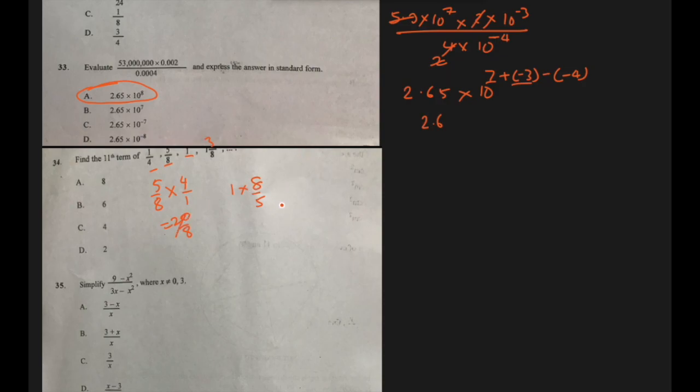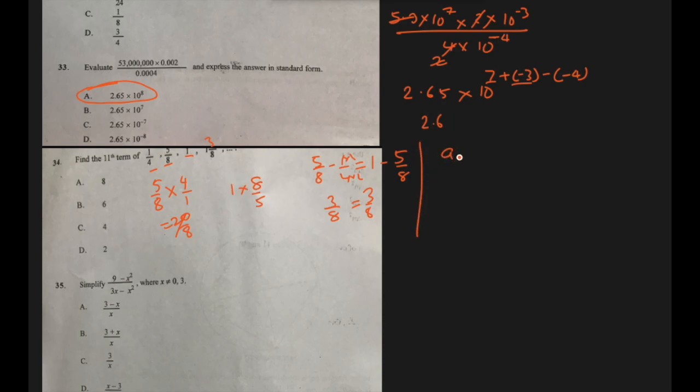Let's see if it is arithmetic. So 5/8 minus 1/4 should be equal to 1 minus 5/8. 5 minus 2 is 3/8, and 8 minus 5 is 3/8. Yes, it is an arithmetic sequence.